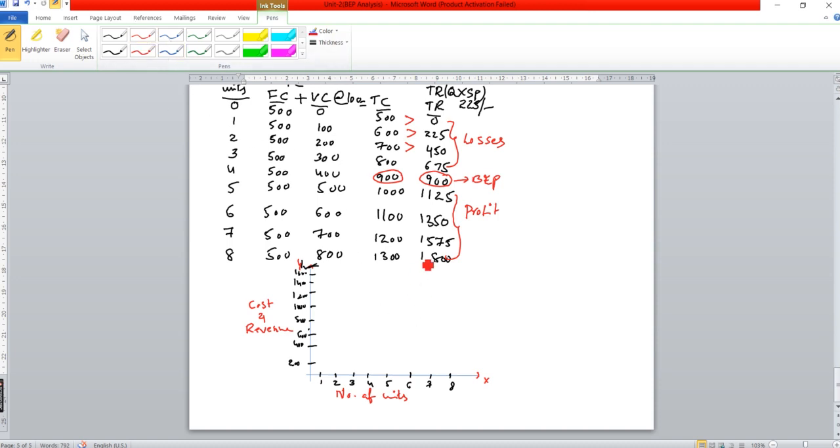So at this point, first we have to draw the total cost line.